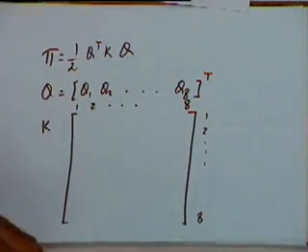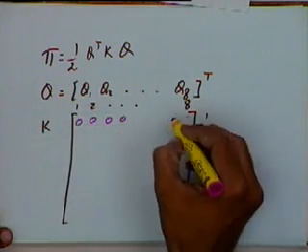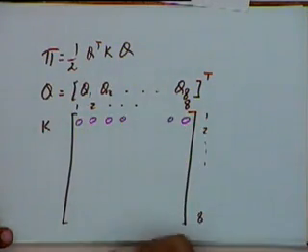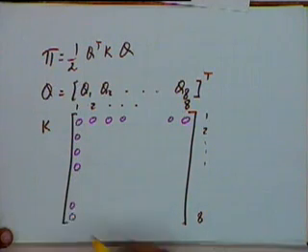So 1, 2, 3, 4 and then 7 and 8. Similarly, in this direction 1, 2, 3, 4 and 7 and 8.